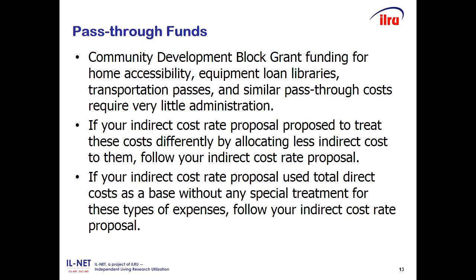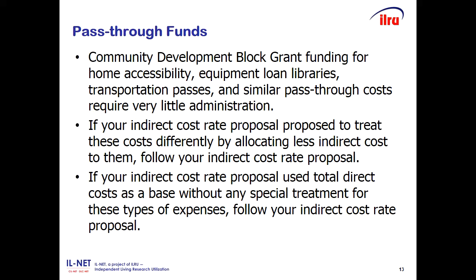Let's look at slide 13. Some of your funds are also pass-through funds, and we treat them a little bit differently. So some examples would include community development block grant funds that the county has, and they're granting them to you for helping people have accessible homes, and so, you know, somebody's building a ramp or whatever, but you're passing that money through directly to the consumer. Equipment loan libraries is another one.